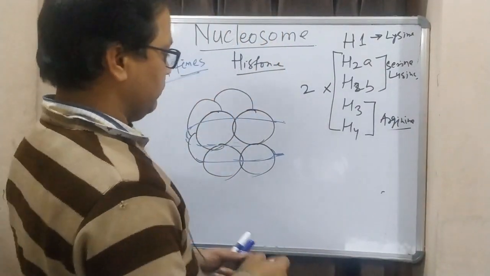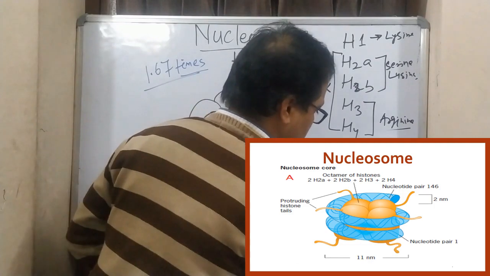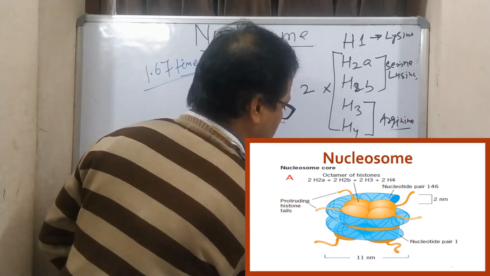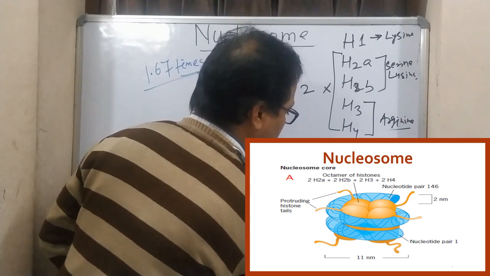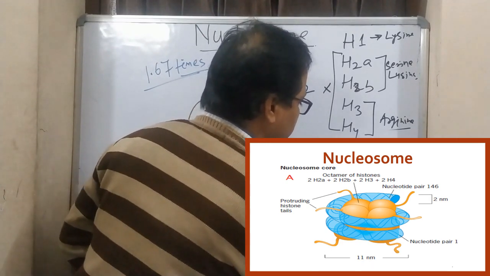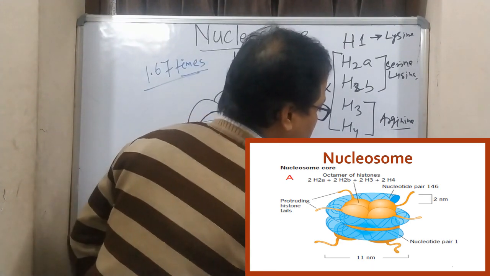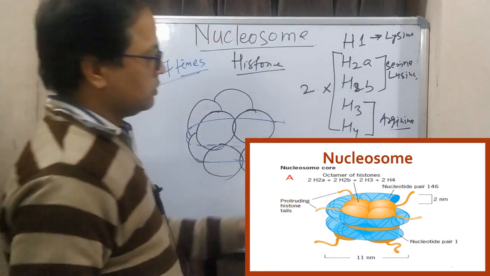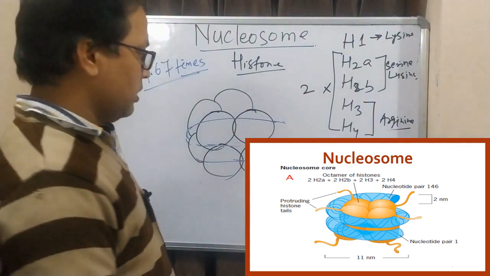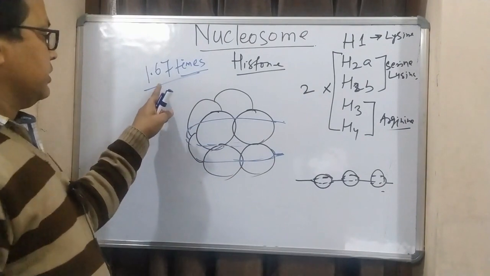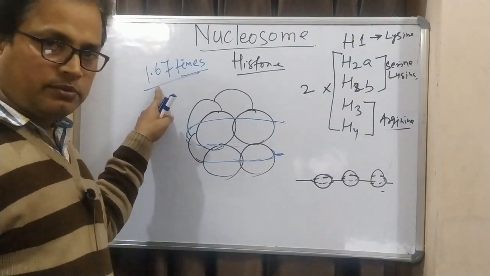On this octamer, if you see the structure, DNA will be wrapped on that one. This is the nucleosome. So the nucleosome will look like that. I have told you DNA will be wrapped roughly 1.67 times.